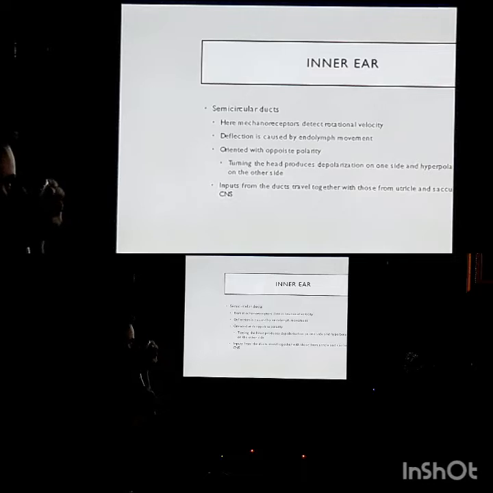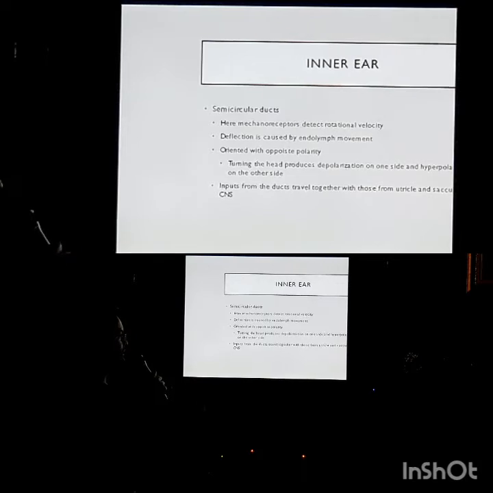The semicircular ducts detect rotational velocity. Okay? So the utricle and saccule detect linear acceleration. But the semicircular canals detect rotational velocity, which means that there is direction and speed.